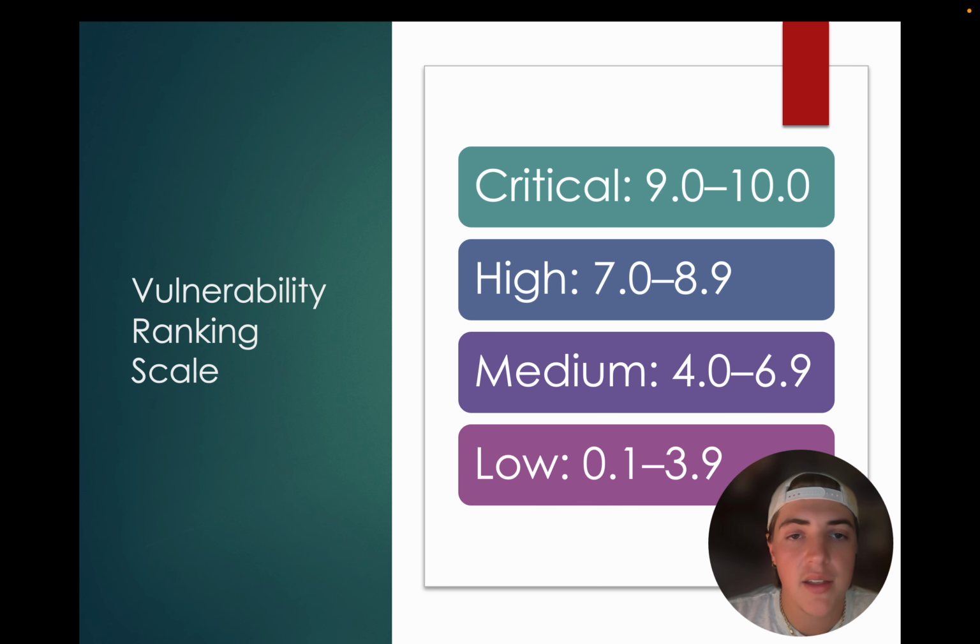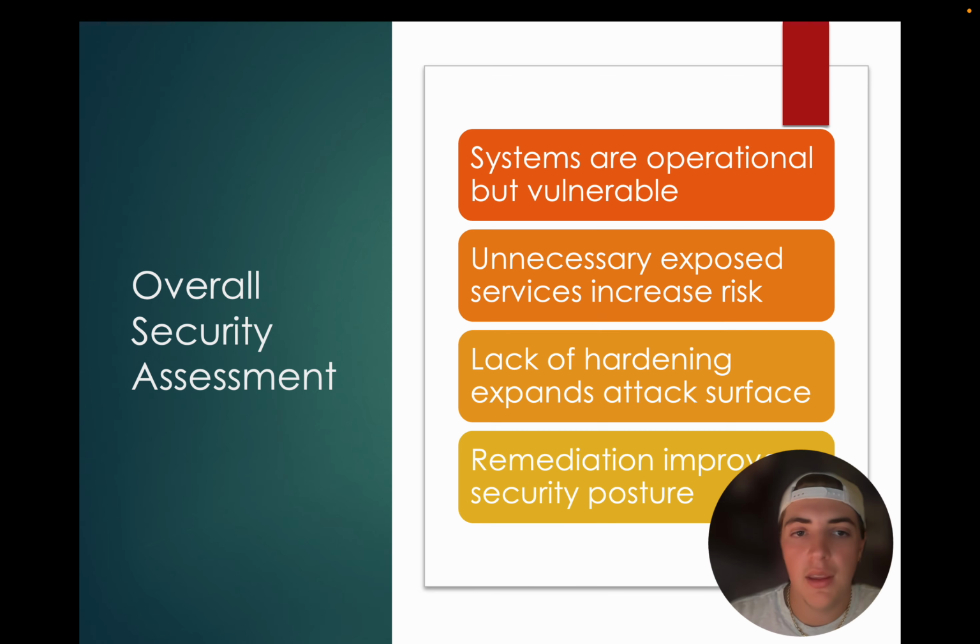If you have access to the paper we wrote, there's more details on what exactly falls into these lines, but this is essentially the ranking scale of how they go from critical, high, medium, and low. Then we have the overall security assessment, what we got from everything.